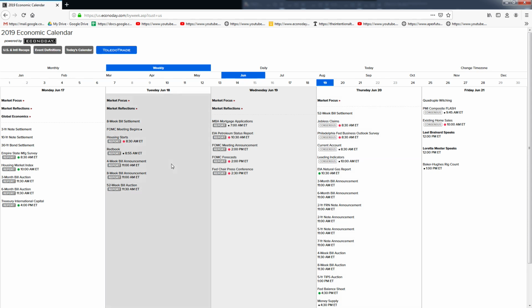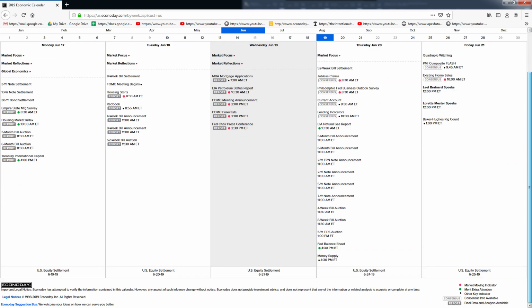What we're going to do is focus on this FOMC forecast. This particular trade is going to be around it. And you can see it says 2 p.m. Eastern. So you'll notice there's a red dot next to it. If you scroll down here there's a legend, and it might be hard to read on your screen.